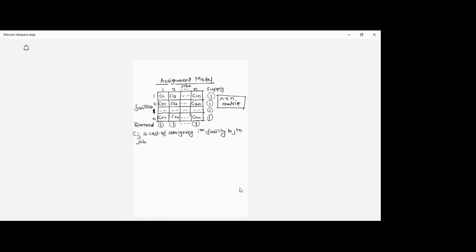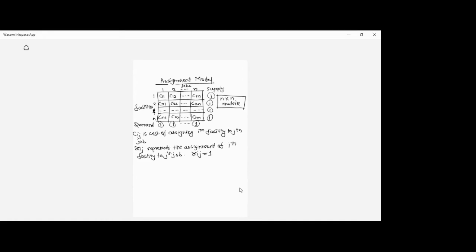And Xij represents the assignment of ith facility to jth job. Always remember, if there is an allocation, then Xij will be 1.